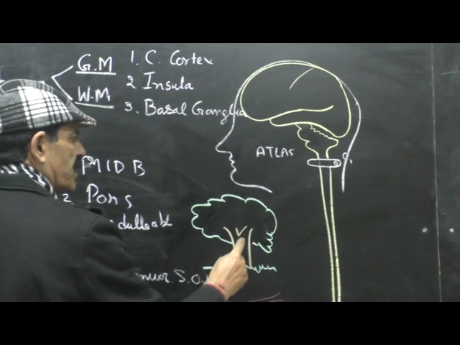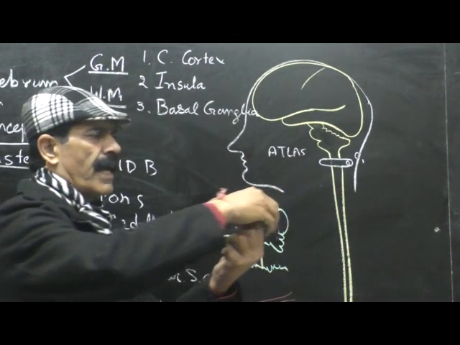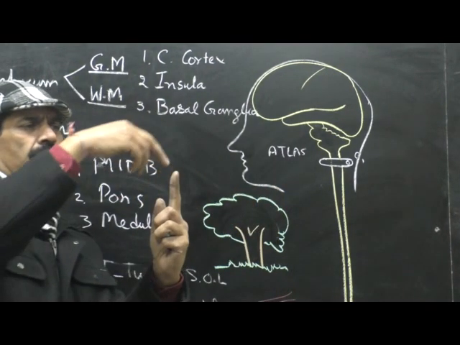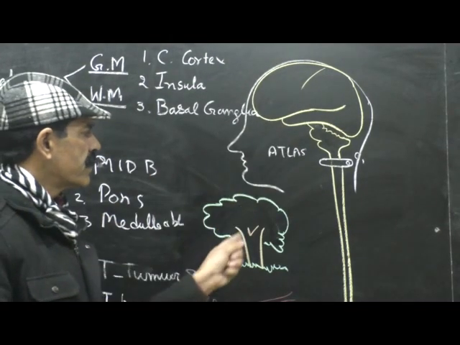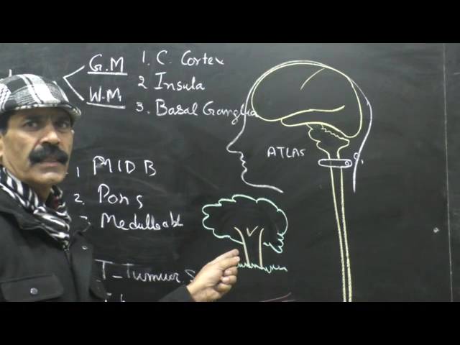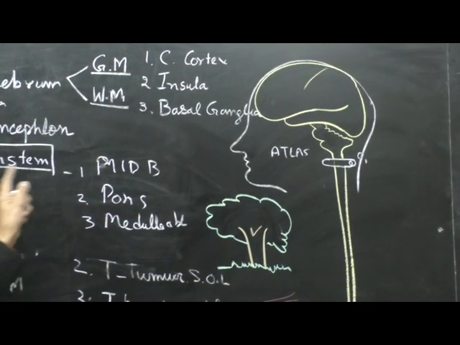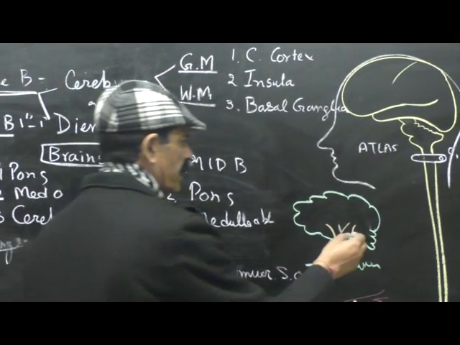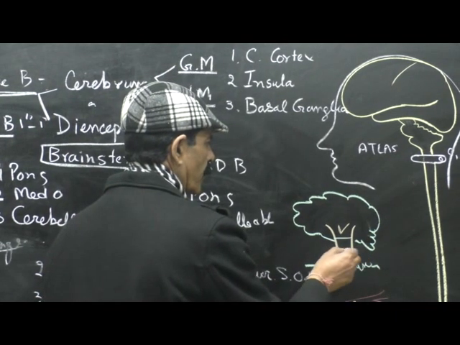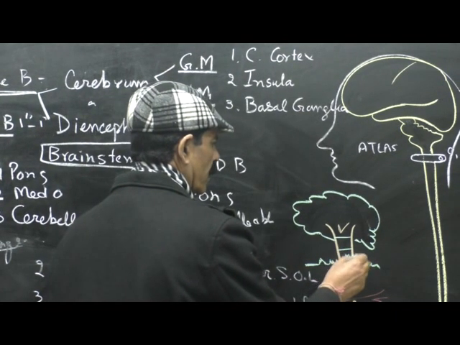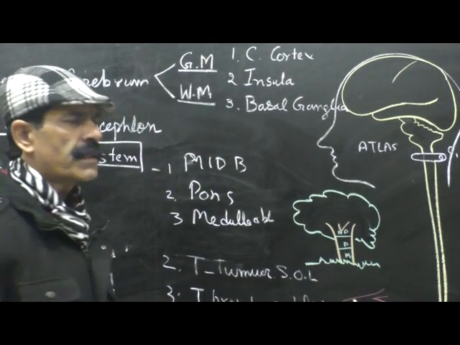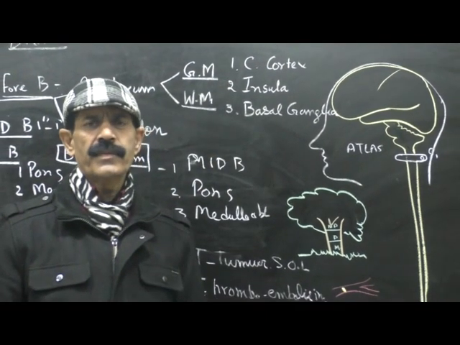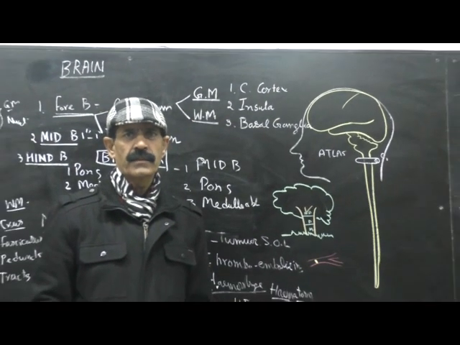So it resembles a tree. That's why we use the word brainstem, like the stem of the tree, that is the midbrain, pons, and medulla oblongata. So this is how we explain the parts of the brain and their structure. That's all.